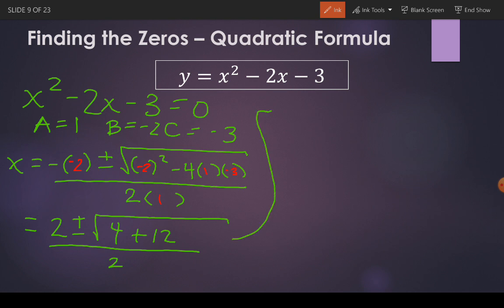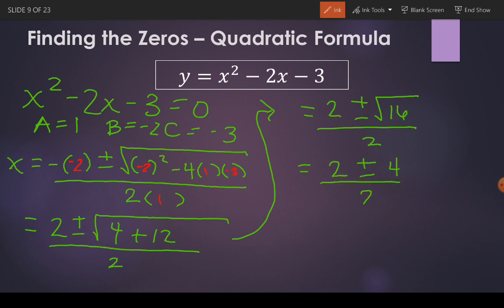And we'll loop this around up here. So we'll have this is equal to 2 plus or minus the square root of 16 all over 2. And we can simplify the square root of 16 to 4 all over 2.